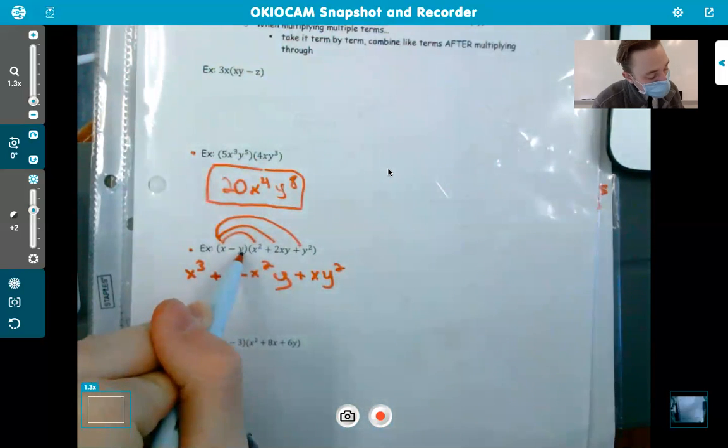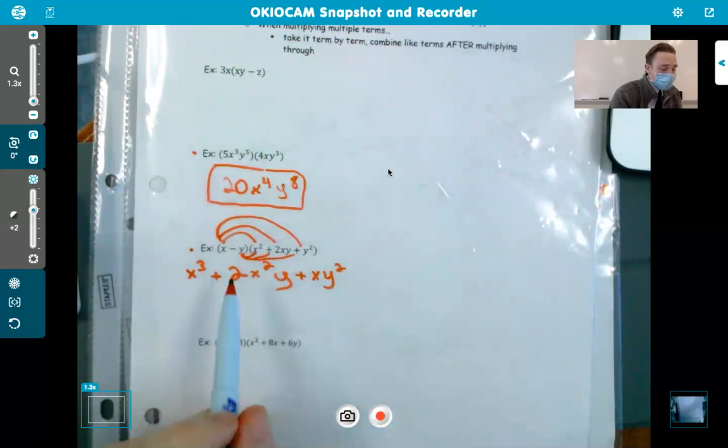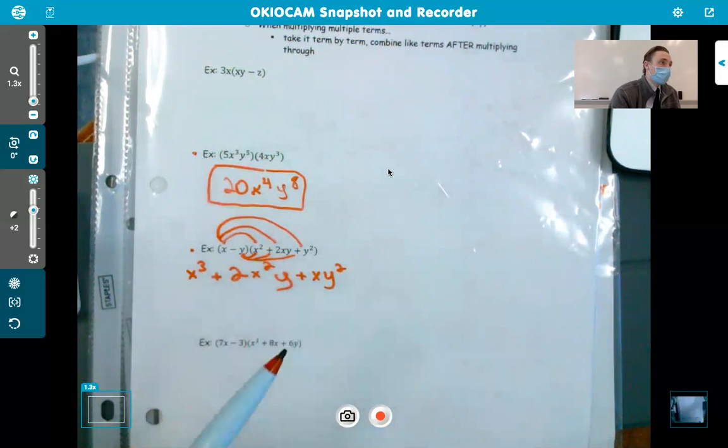Then what I'll do is I'll distribute that second term to each of these terms here. So the negative y times each of those 3 terms. What's negative y times x squared going to give me?